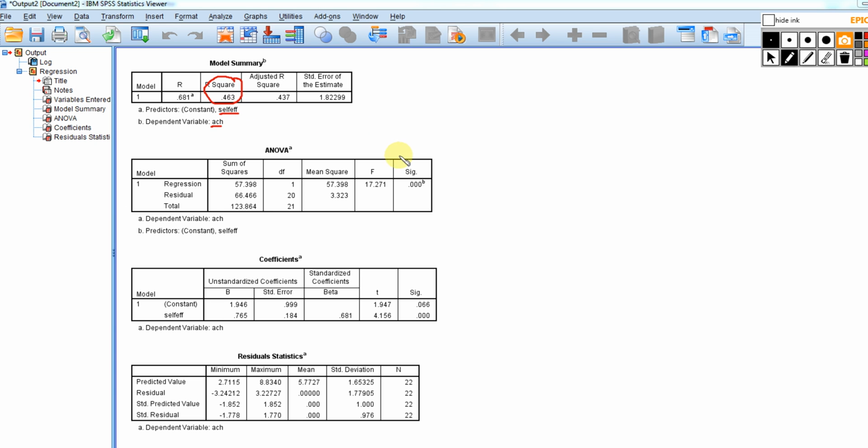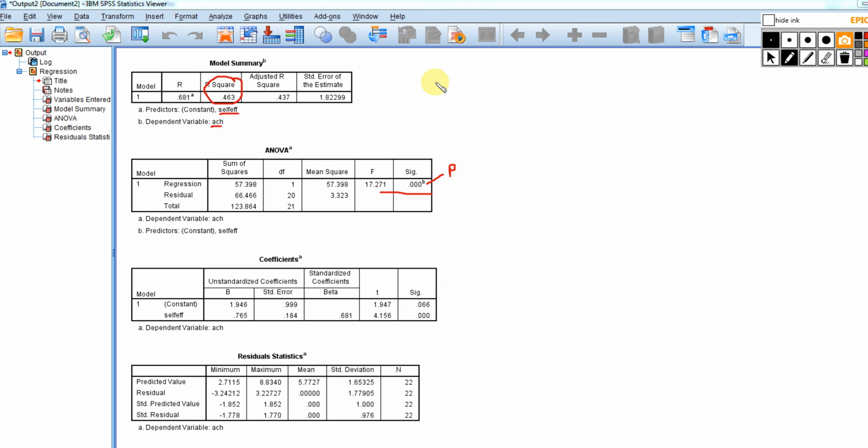And the F-test is a test of the significance of the R-square value. If this is statistically significant, then we would infer that within the population, the proportion of variance accounted for by the predictor variable is greater than 0.